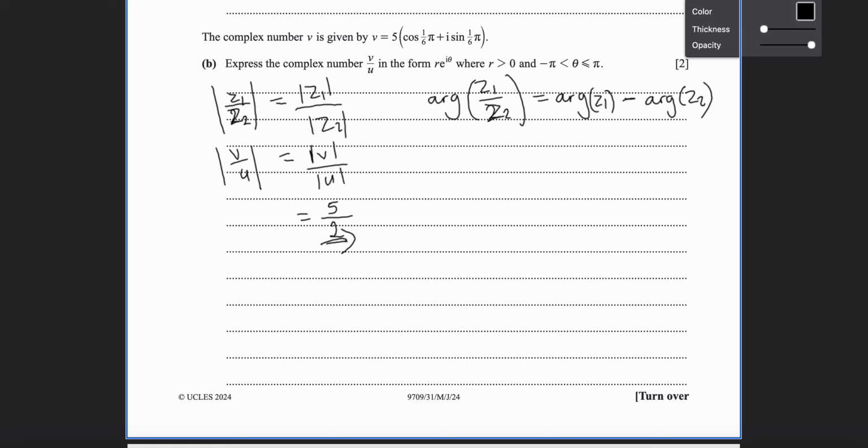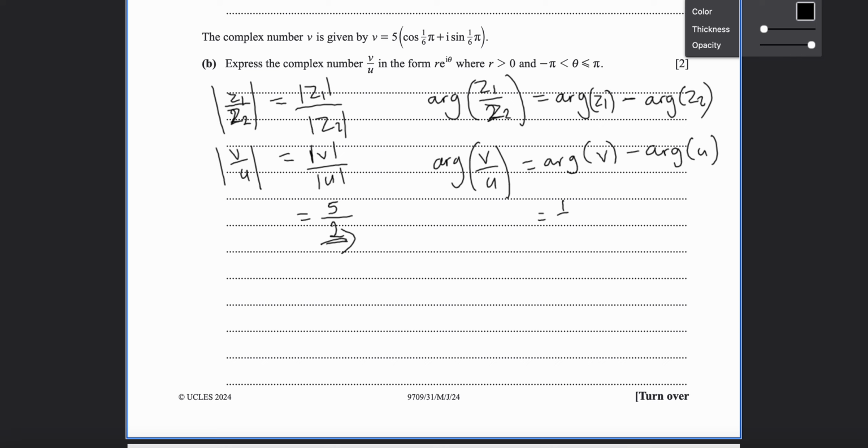And then now we want the argument. So we want the argument of v over u, which is the argument of v minus the argument of u. But what is the argument of v? The argument of v is this part, the 1 over 6 pi.